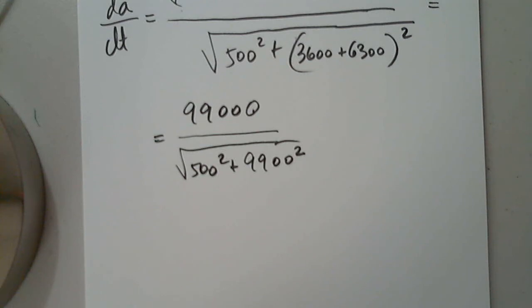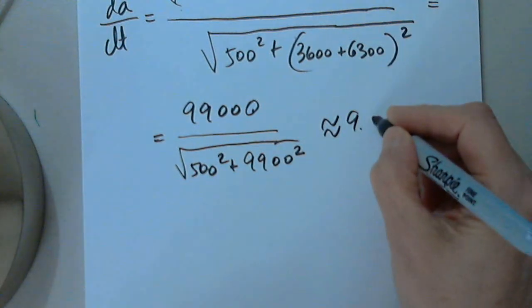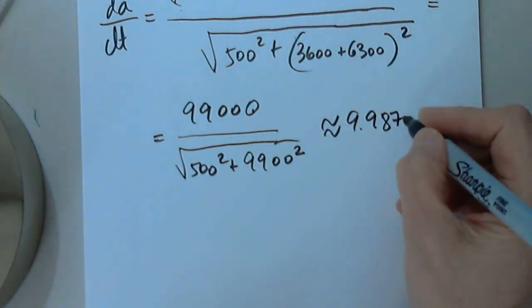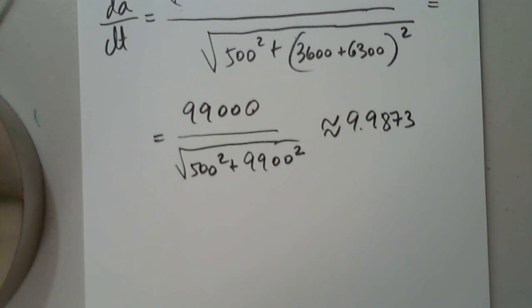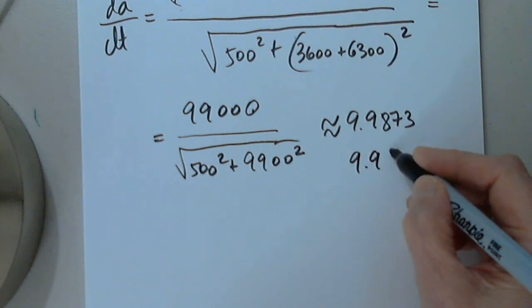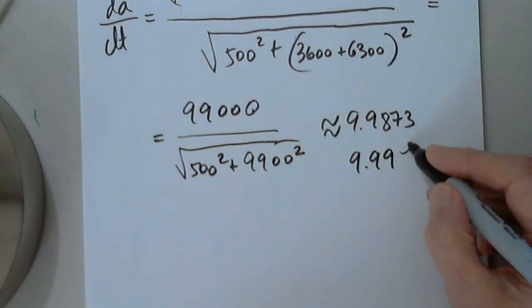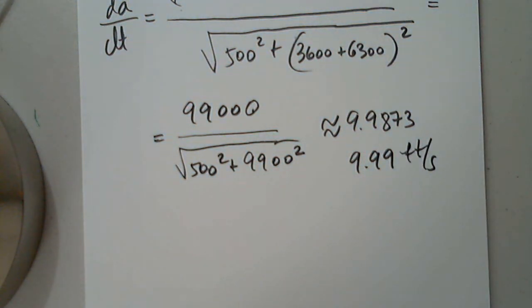Okay, so 9.987. I don't know how they want the answer. We'll look in a moment. 9,873. And they want, where is it? Round your answer to 2 decimal places. So 2 decimal places, I would say 9.99. And it's in feet per second. Is this okay?